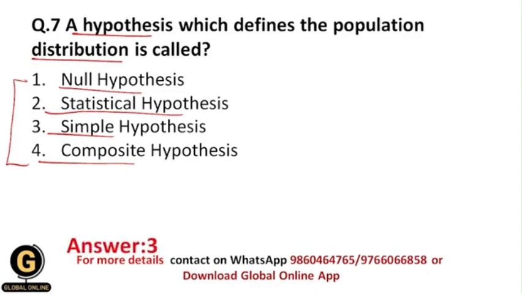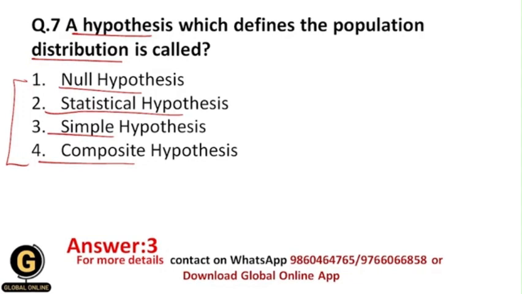A simple hypothesis only defines the population distribution. For example, if there is an existing relationship between the variables, then a simple hypothesis only defines the relationship between the variables. That's why it is called the simple hypothesis, because it's very simple.